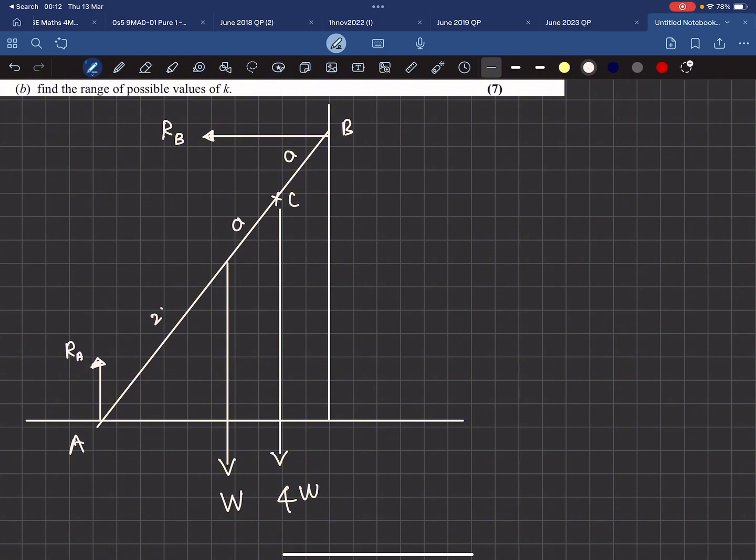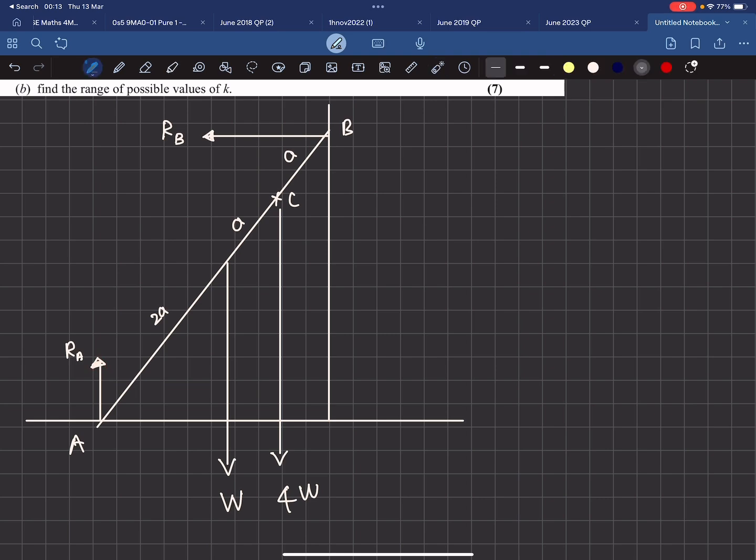Let's just put this to A here. And they have given that this is a rough floor. So I know the reaction is perpendicular always. There is no other force there on the wall given to the ladder. And then the floor is giving a reaction to the ladder. But there is friction here.